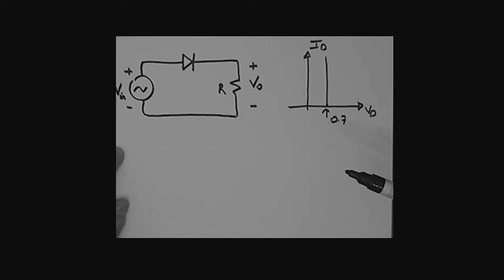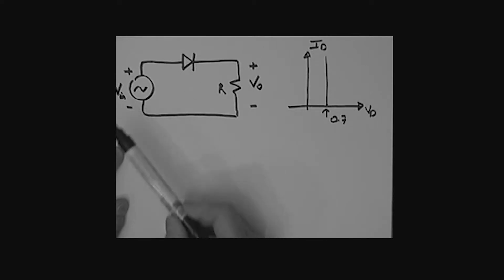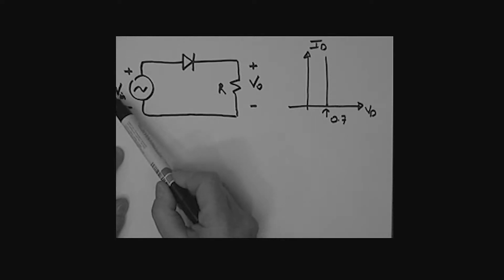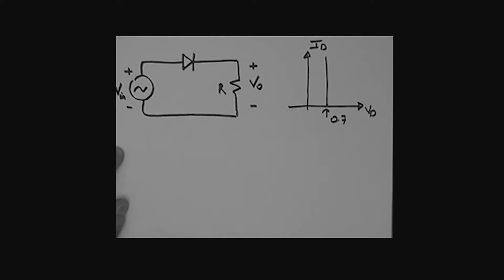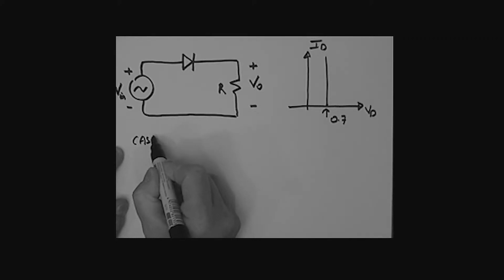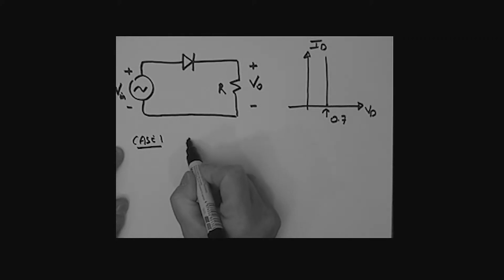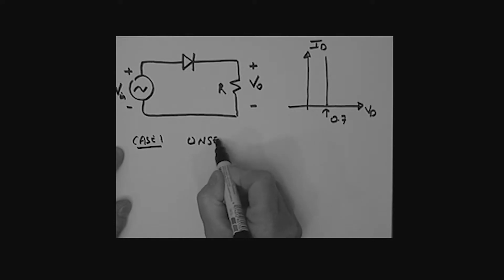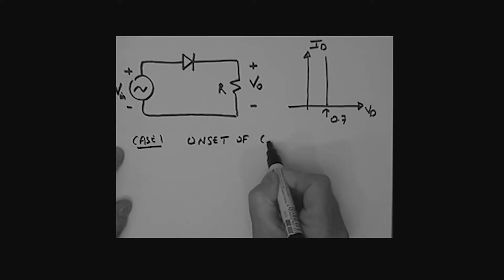Then we'll consider the values of V in where the diode is conducting. And then we'll consider the values of V in where this diode is not conducting. So our first step will be case 1, and we will try to find the onset of conduction.